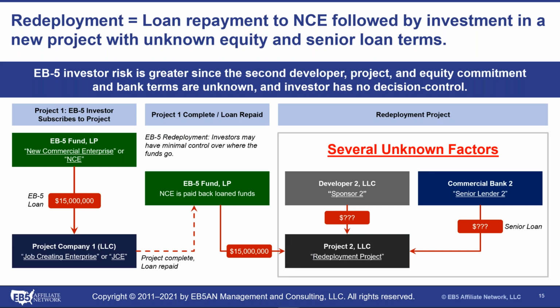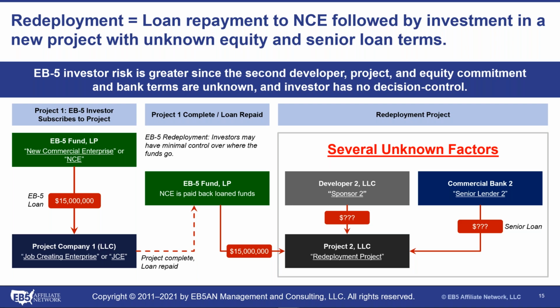Sure. So we talked a little bit about it earlier, but you see here the EB5 investor makes a subscription to the project by way of making an investment in the NCE. The NCE uses all the collective EB5 funds from the investors to make the loan to the project company.